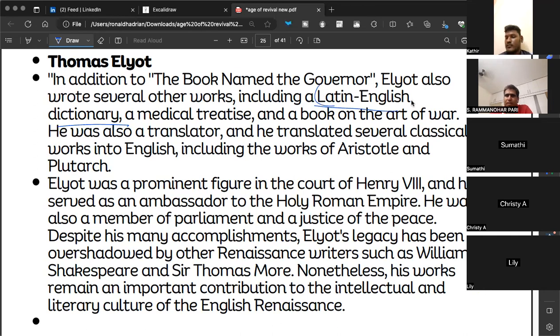And he also wrote a Latin English dictionary. Remember these things are all golden nuggets. They might suddenly ask. So who introduced the Latin English dictionary? Thomas Elyot. Okay, so remember this. And he translated several classics into English, including the works of Aristotle and Plutarch, right? So these are all important points. And we have already seen some translations.